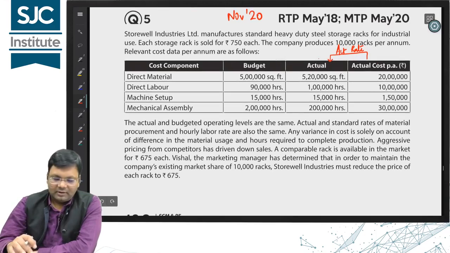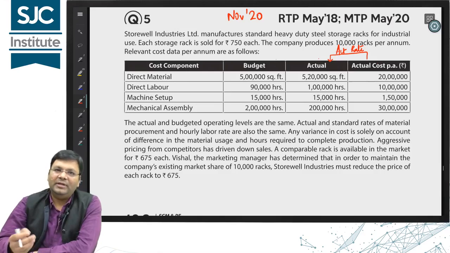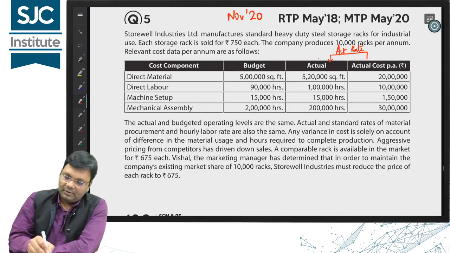Material cost, labor cost, setup, and assembly. Assembly is a function where maybe they are joining some pipes or sheets to give it the form of a rack. The actual and budgeted operating levels are the same. What does this mean?